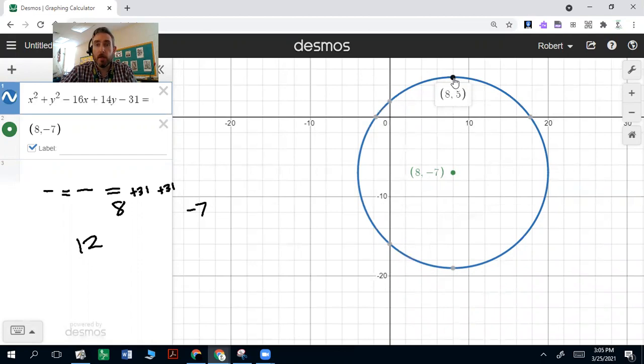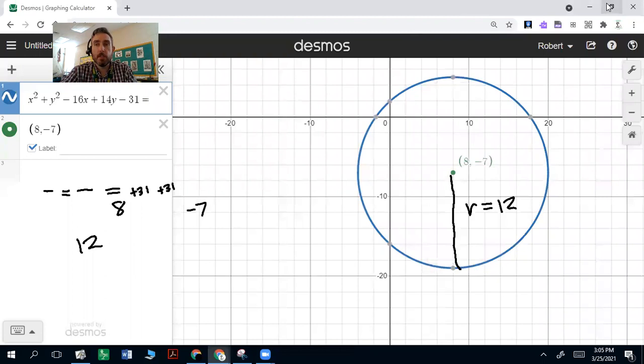Or you could do vertically, from negative 7 to 0 is 7, and then 0 to 5, 7 and 5 give you 12. You can go over here. If I go over to negative 4, that's 4 and 8, those give you 12. Or down there. If I go from negative 7 to negative 19, 19 minus 7 is 12. Either way, you get a radius of 12 graphically. So that radius is going to be 12. Pretty cool, huh? I think it's pretty cool.